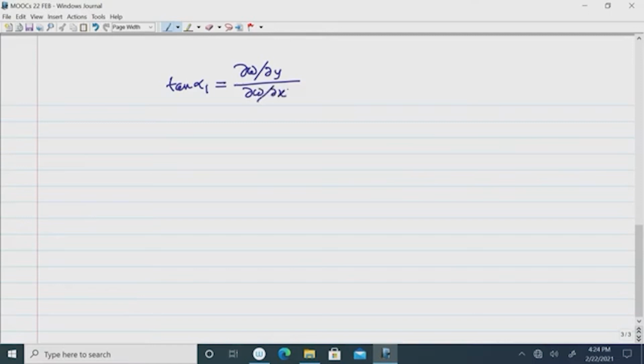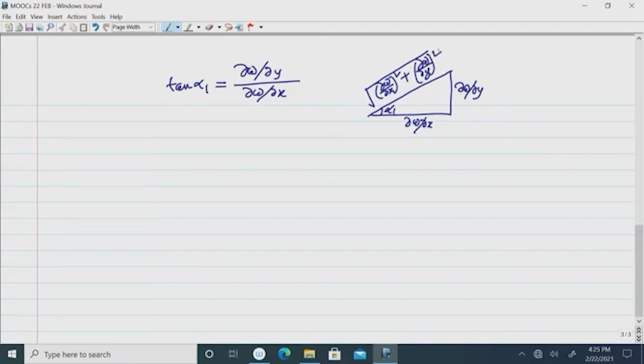Suppose this is a right angled triangle, and this angle is say alpha 1. This side is del w by del y, and this side is del w by del x. So, naturally the hypotenuse of this triangle is root over del w by del x whole square plus del w by del y whole square.